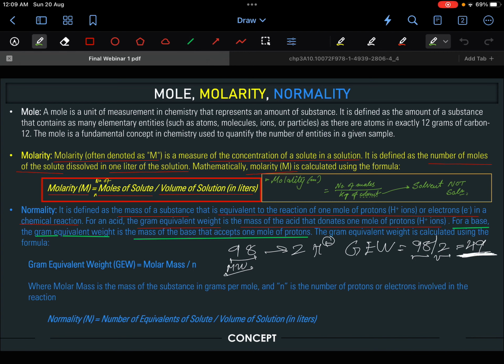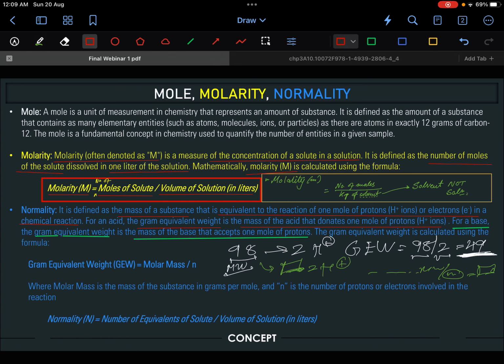If our base accepts 2 moles of hydrogen, then the gram equivalent will be the molecular weight divided by the number of moles of hydrogen it is accepting. Again, if I take the same example, suppose a base has 98 molecular weight and it is accepting 2 hydrogens, the gram equivalent weight will be 98 by 2, that is 49, right?